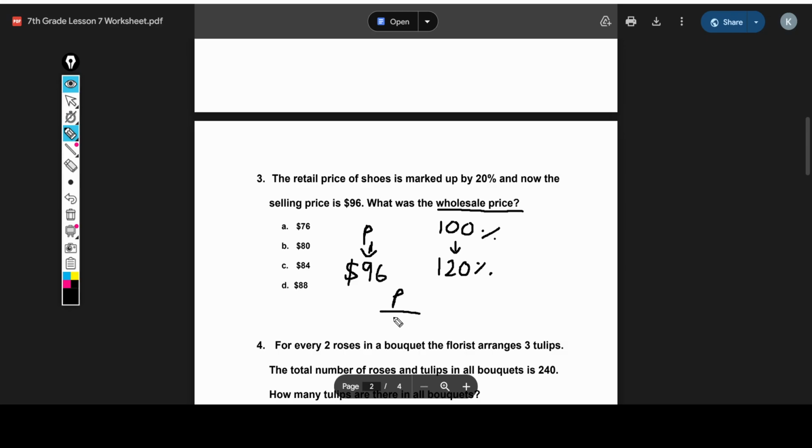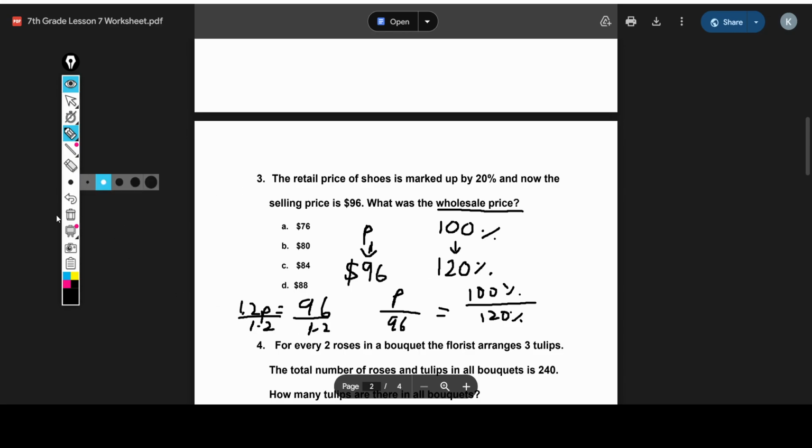We can write that like this: P over 96 equals 100% over 120%. If you cross multiply, you'll get 1.2P is equal to, keep in mind 100% is just 1, so that'll just be 96. Then you divide both sides by 1.2.